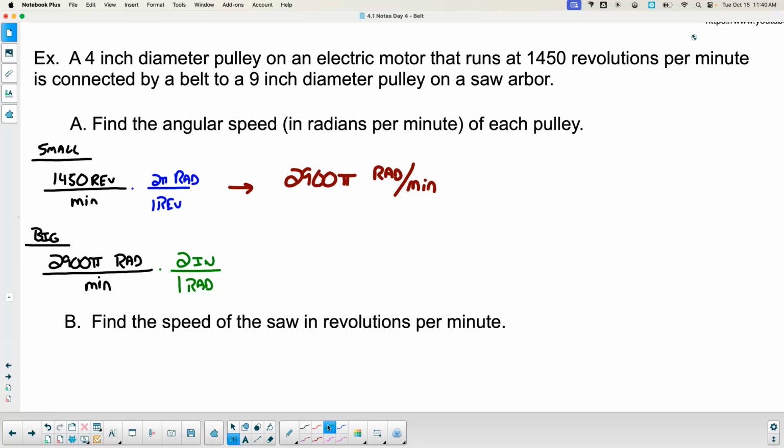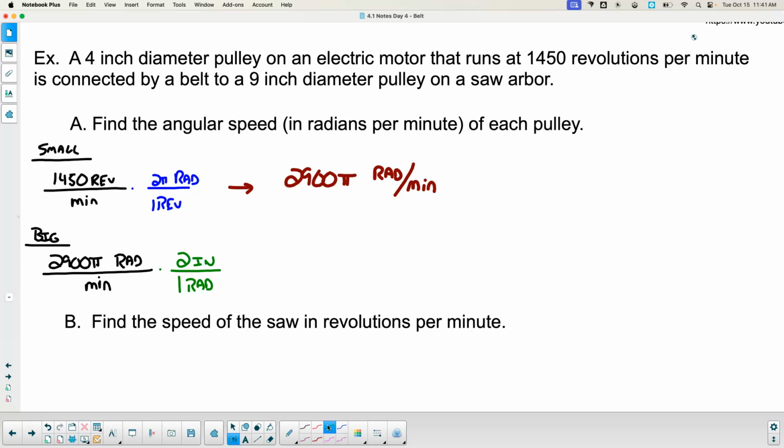Because that's the radius of the small one. So now I got the linear speed of the belt. I had to reread the problem. Yes, because that's the only speed that we know. So we gotta get there. Okay, so now we got the speed of the belt.